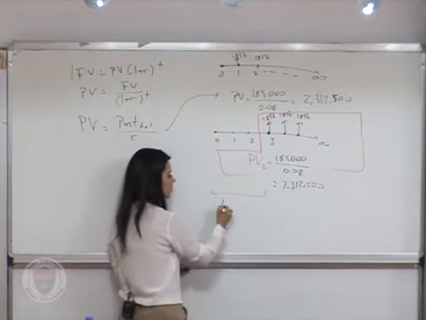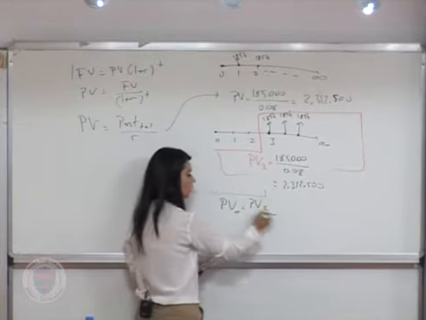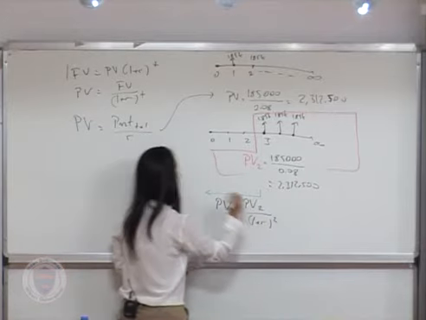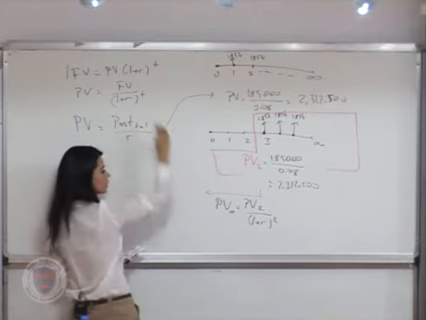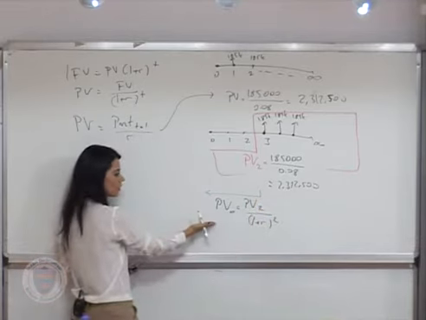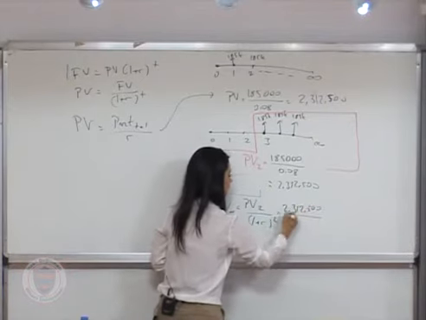So present value at time 0 will be equal to present value at time 2 over 1 plus r to the power 2. So I'm using this formula now. I'm going to bring this $2.3 million to time 0. So it's going to be like this.